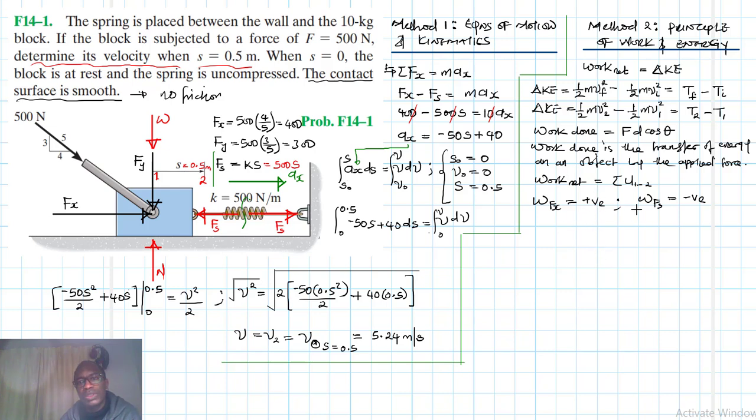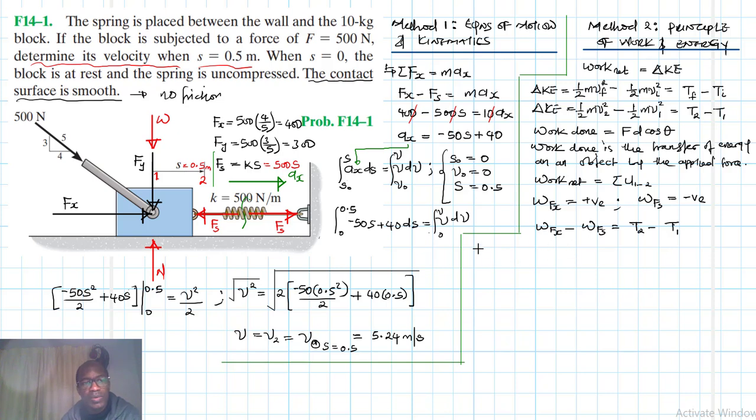Right, so let's rewrite the whole equation. So we are going to have W_Fx minus W_Fs is equal to T2 minus T1, right?